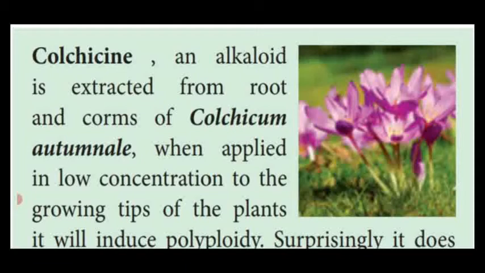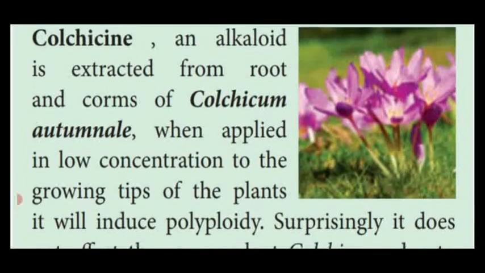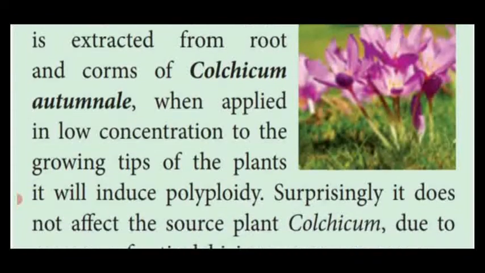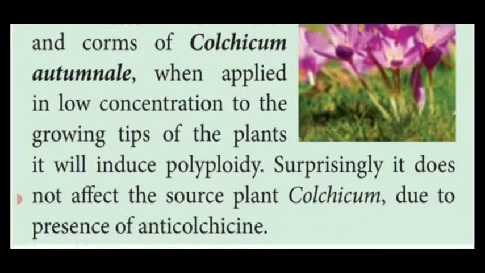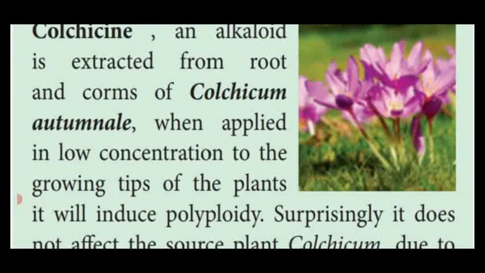This colchicine, applied in low concentration to the growing tip of the plants, produces polyploidy. At the same time, this colchicine does not affect the source plant. What is the source plant? Colchicum, due to the anti-colchicine which is produced in the Colchicum plant.